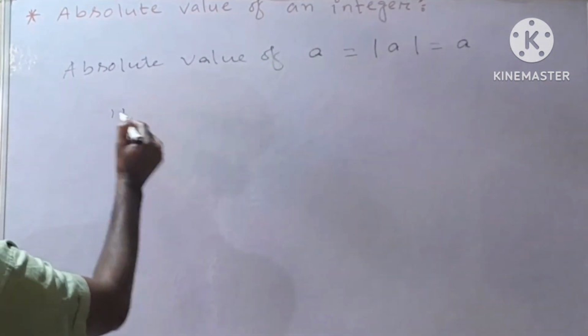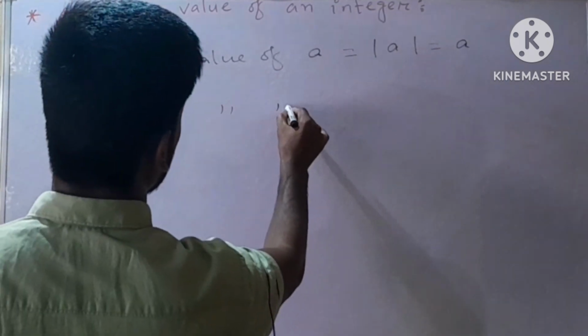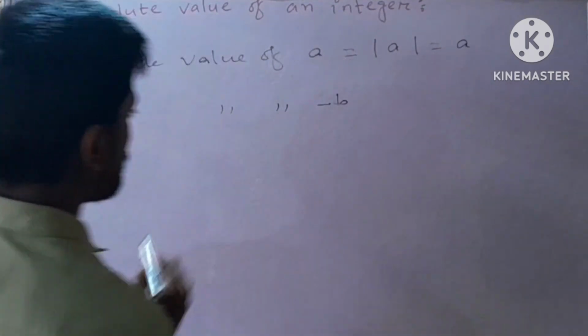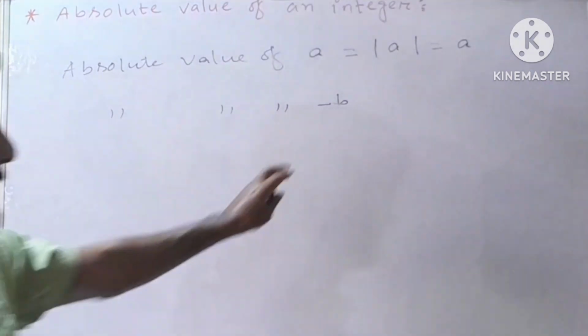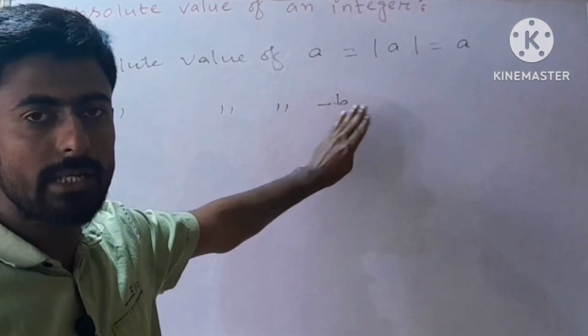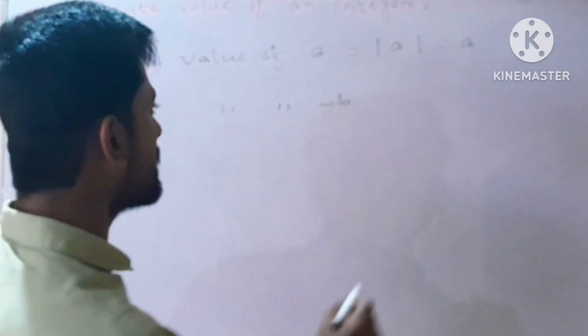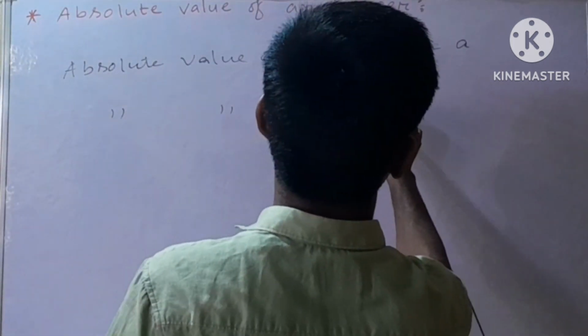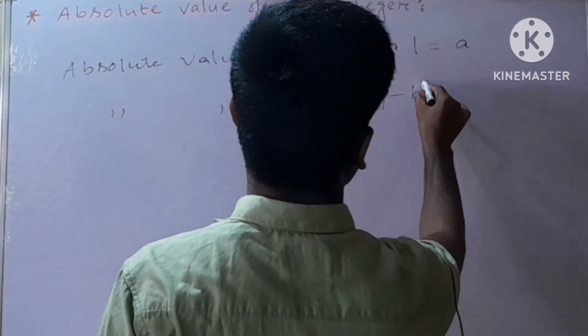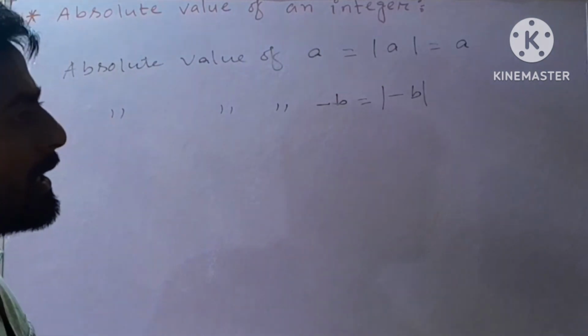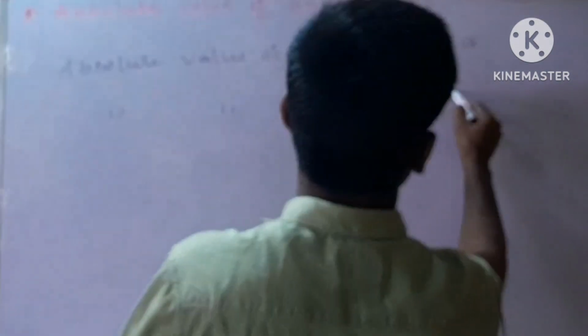Then the absolute value of another integer, say we have taken minus b. Minus b is a negative integer. So the absolute value of a negative integer is equal to minus modulus of minus b. Modulus of minus b equals b.